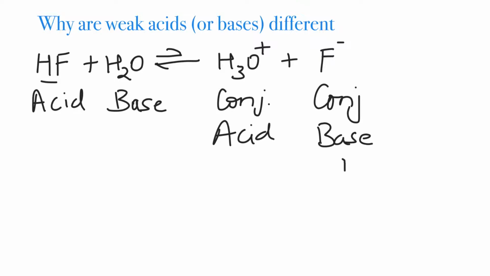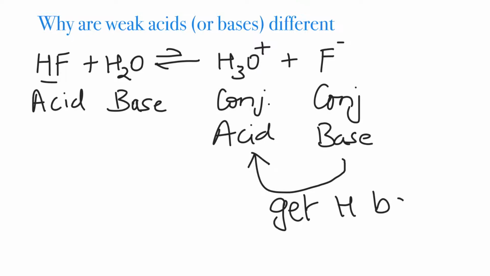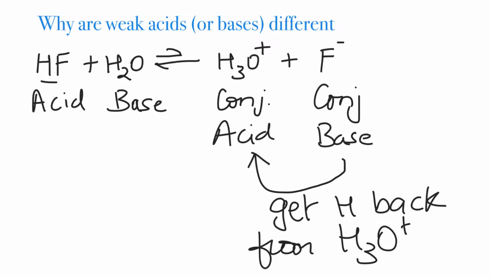is always going to get the H back from H3O. This conjugate base F negative is going to get the hydrogen atom back from H3O, which will favor the formation of your acid.